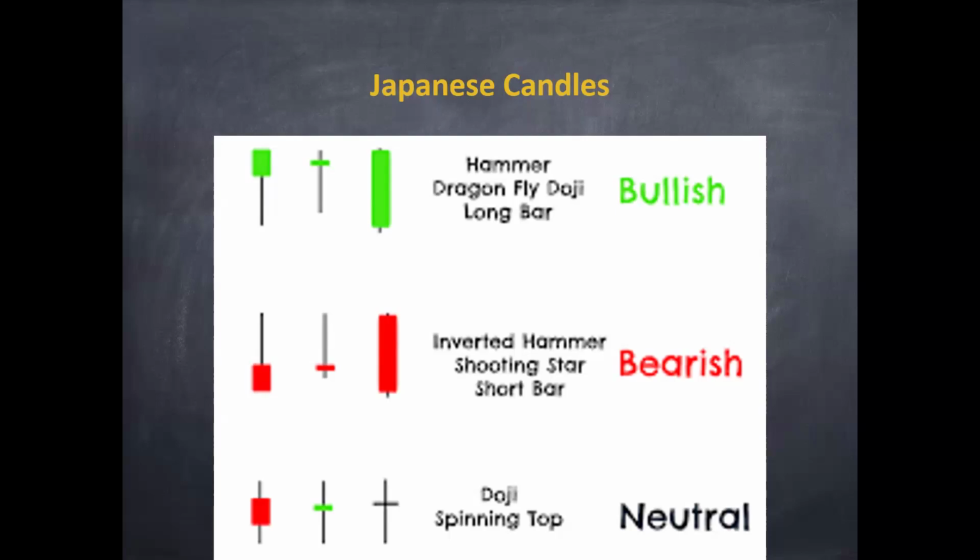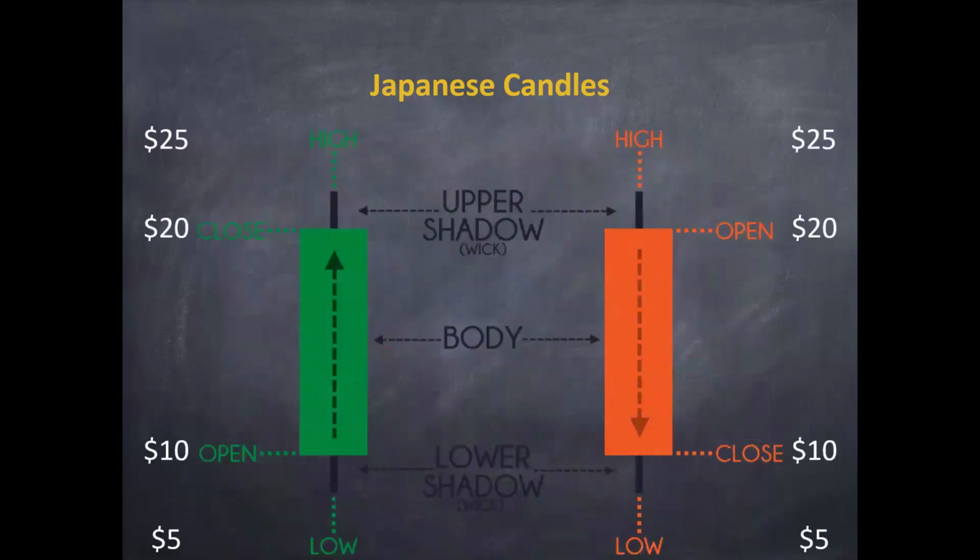Does it make sense? It does. Excellent. All right, let me go back one. So I'm gonna show you the power of Japanese candlesticks and why savvy traders use them religiously. Japanese candlesticks can tell you the price action over the spread of any time frame.